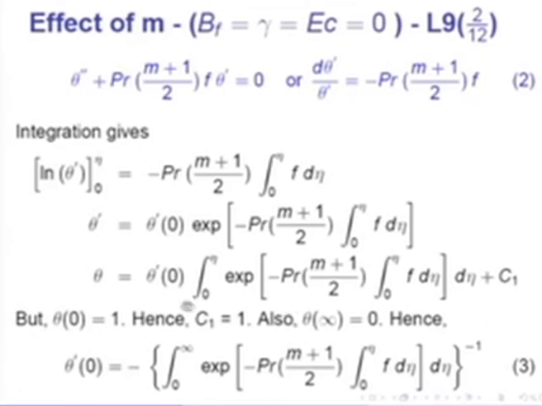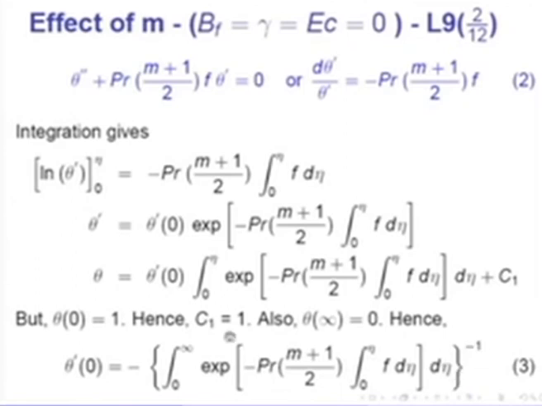Now, I impose the boundary condition at infinity. So, theta infinity is 0, this integration will become 0 to infinity, and therefore, I will get theta prime 0, which is of interest to me because that represents the Nusselt number, equal to the integral from 0 to infinity of the exponential of all this, raised to minus 1.